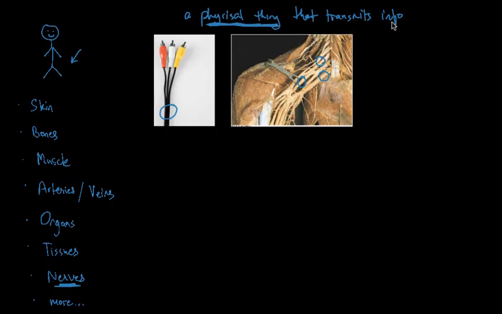The second thing is that it transmits information. So again, sort of a broad term, right? What do we mean by information? So let's break that down a bit. So if I'm a nerve, I can transmit information. And the first question you want to ask is, what type of information can I transmit? So there's actually two types of information, okay?